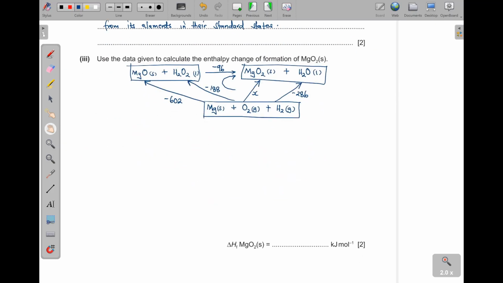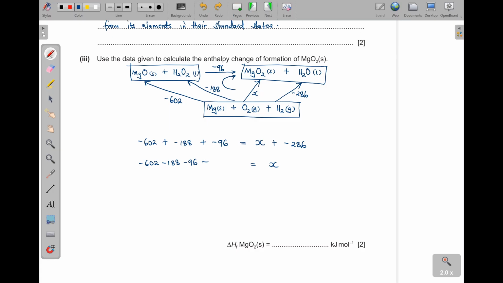So meaning I'll have negative 602 plus negative 188 plus negative 96, then is equal to the X, which is here, then plus this one here, plus negative 286. So meaning X will be equivalent to negative 602 minus 188 minus 96, then plus, because when this one crosses, it's a plus.